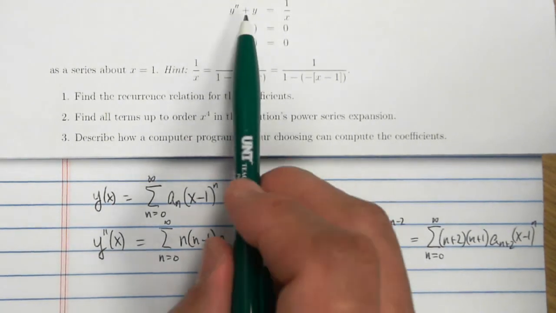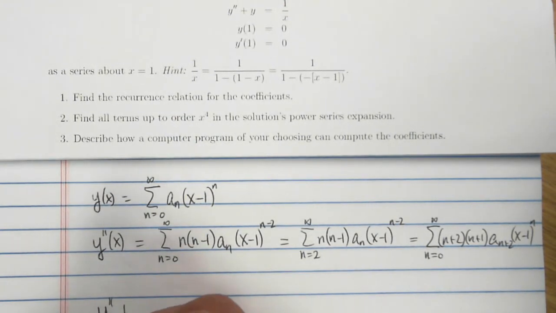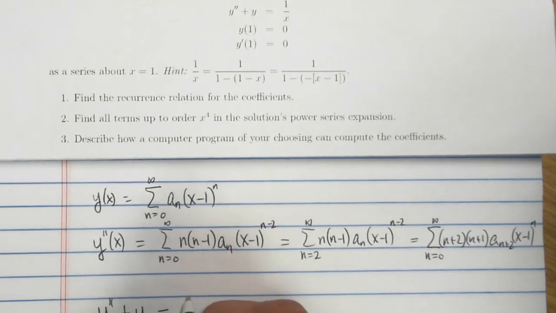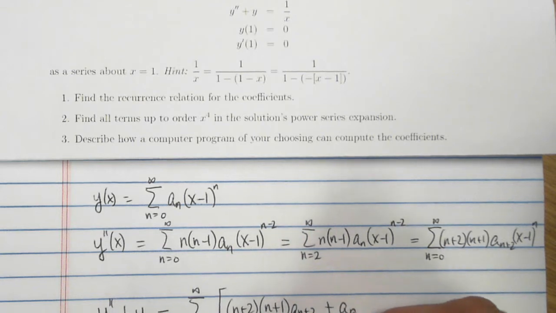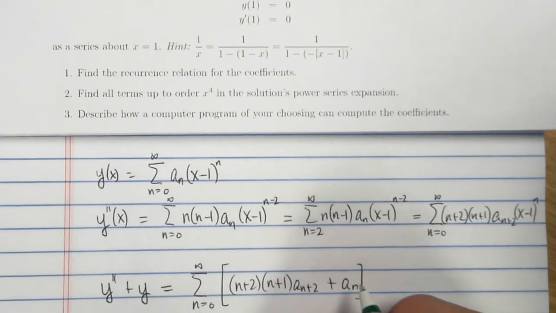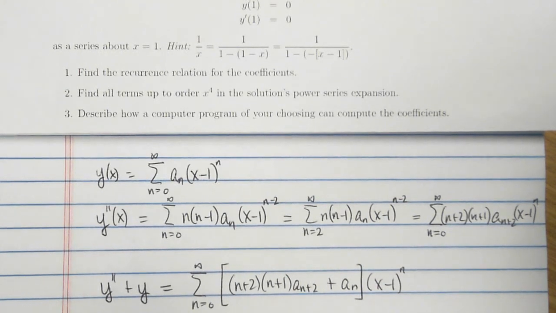Okay, so that's going to give me the y double prime and the y terms. So that means that y double prime plus y will be equal to summation n equals 0 to infinity of n plus 2 times n plus 1 times a sub n plus 2 plus a sub n, times x minus 1 to the n. So that is the left-hand side.